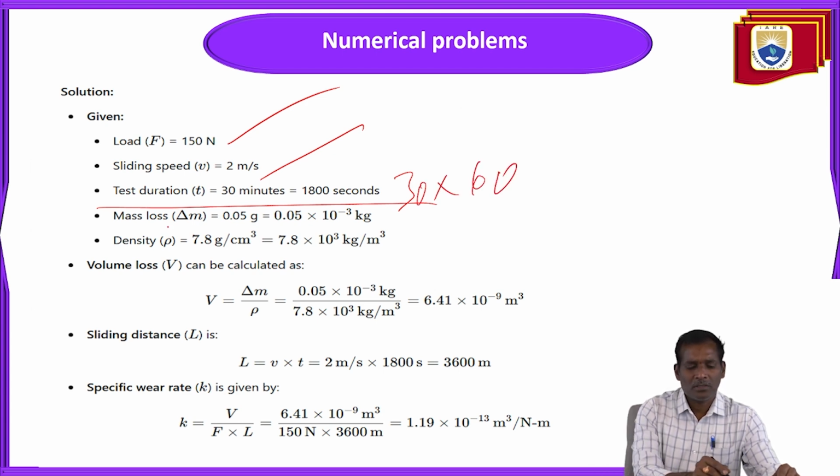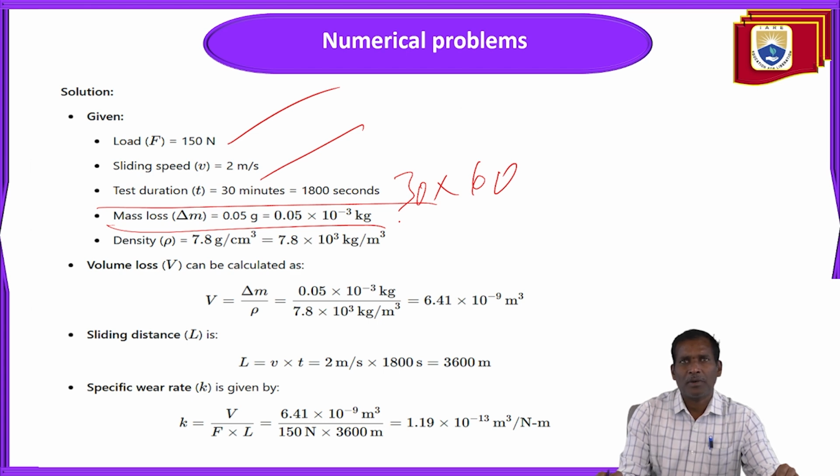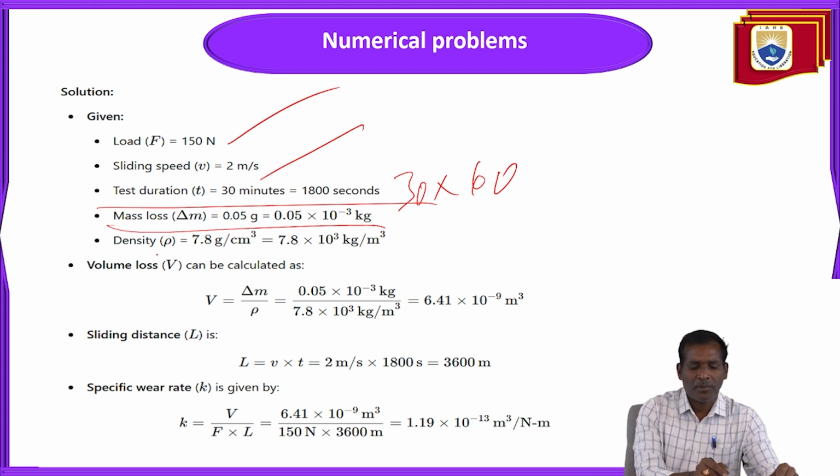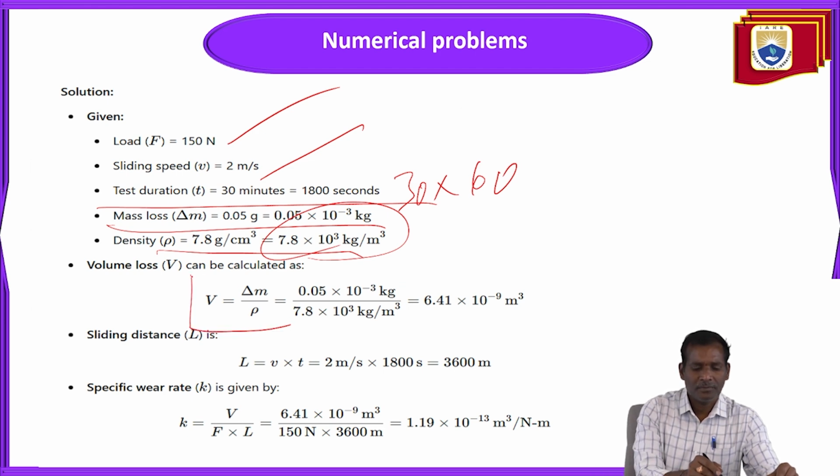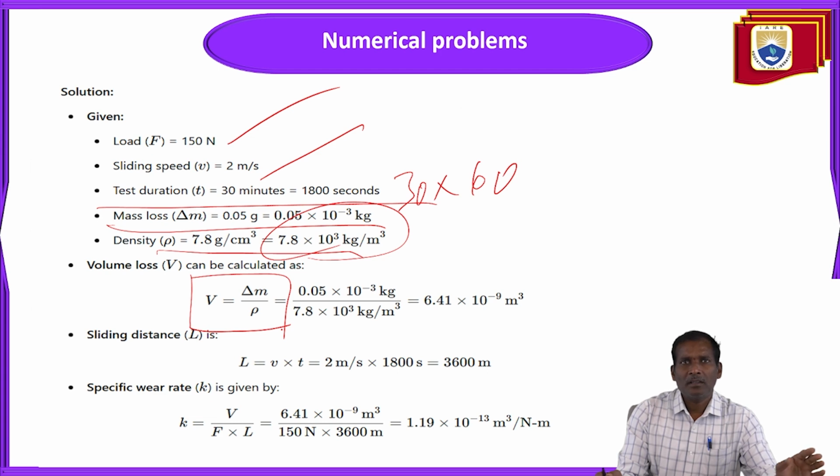The mass loss is 0.05 grams, converted into kgs, and the density is 7.8 gram per centimeter cube, converted into 7.8 times 10 to the 3 kg per meter cube. The volume loss can be calculated as mass loss upon density.